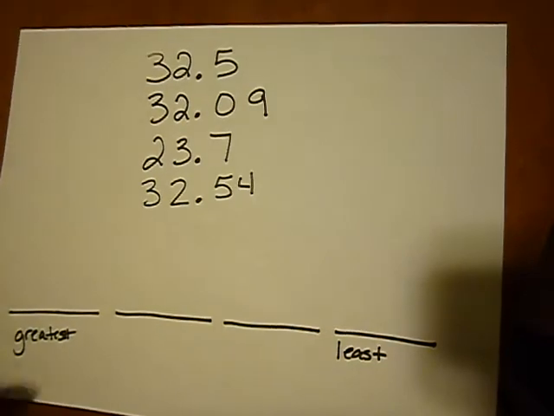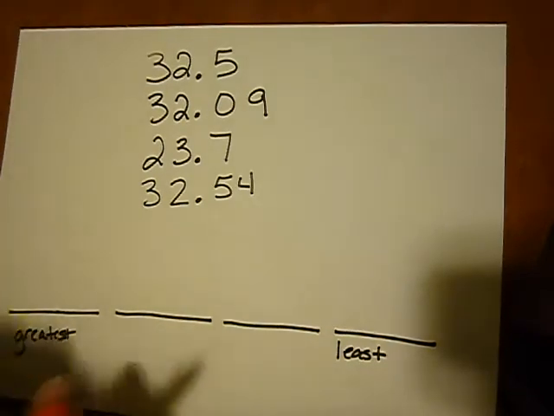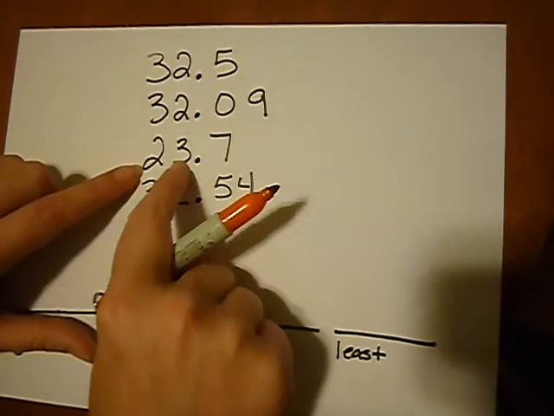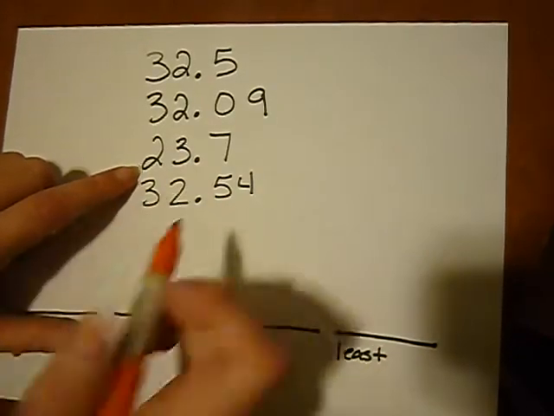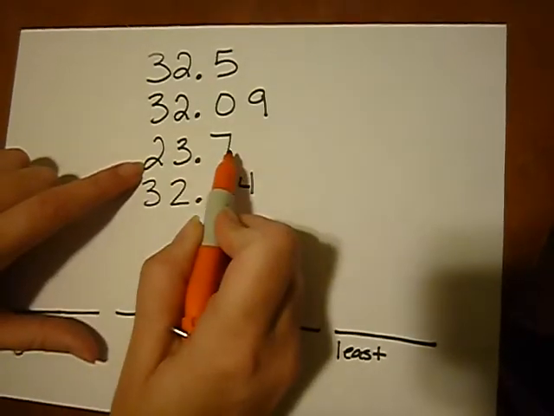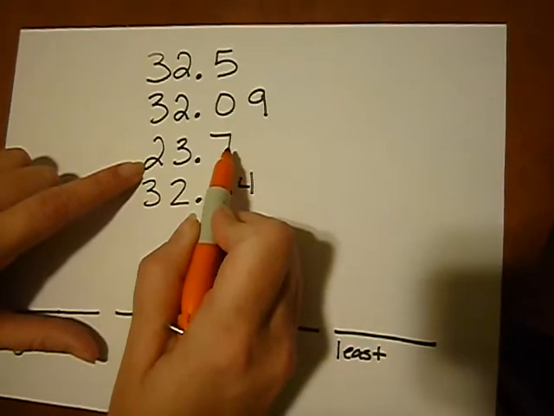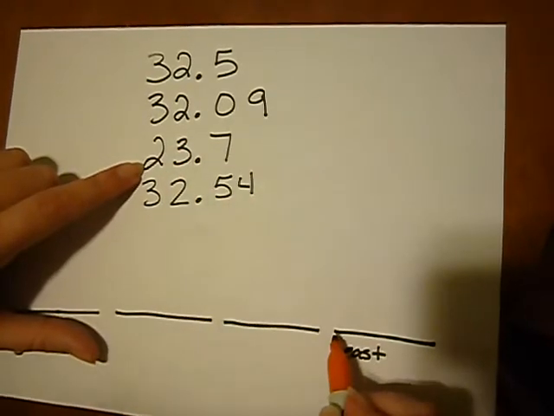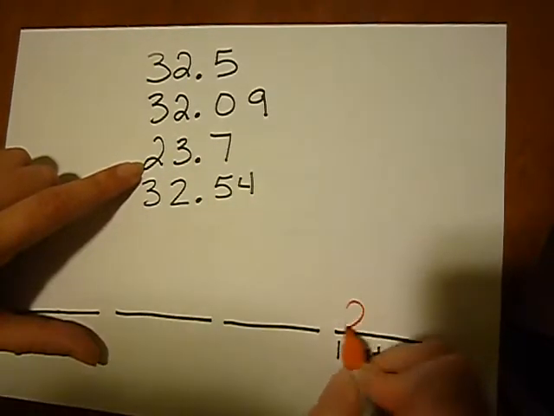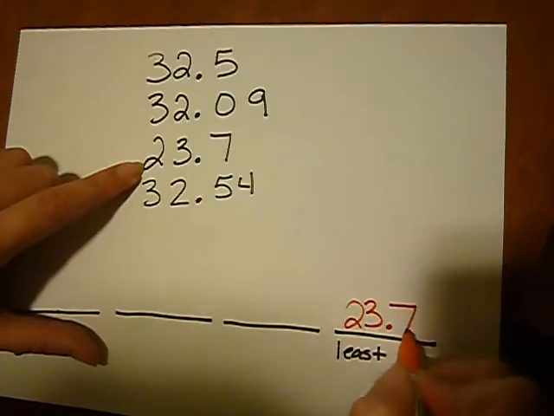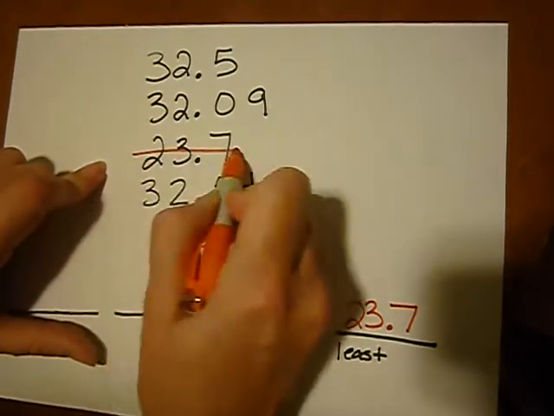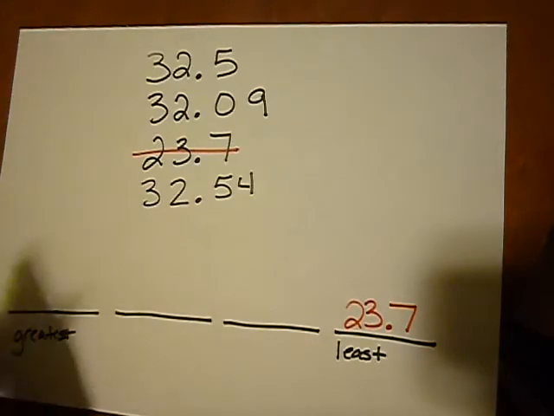So if I check my whole numbers, I can see that 32, 32, 23, 32. So this one is smaller than the rest of them. So I'm going to go ahead and write it as the least on my list. And then I'm going to take it out of my set.